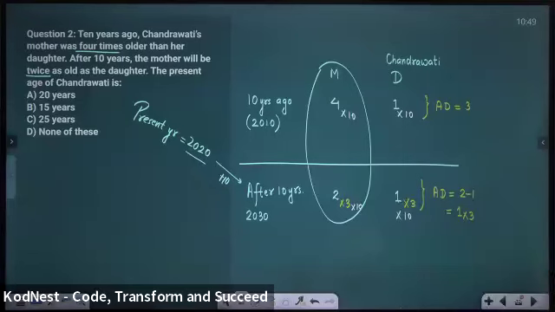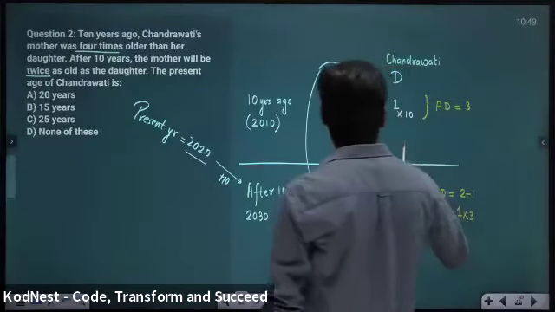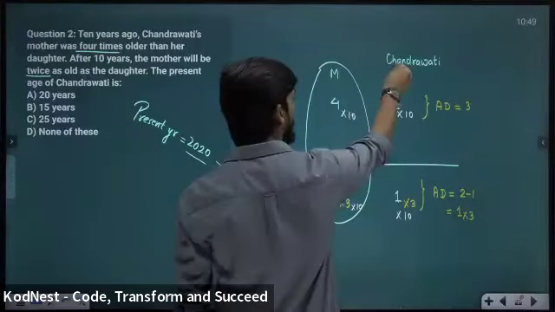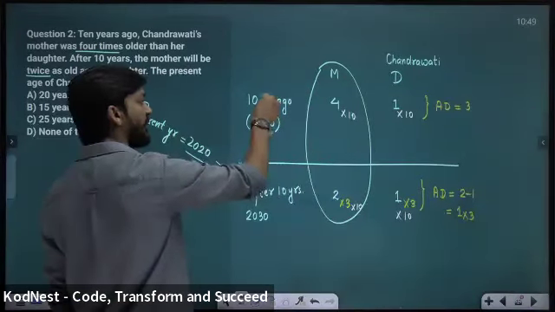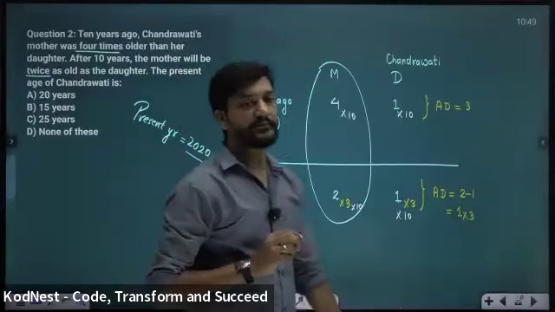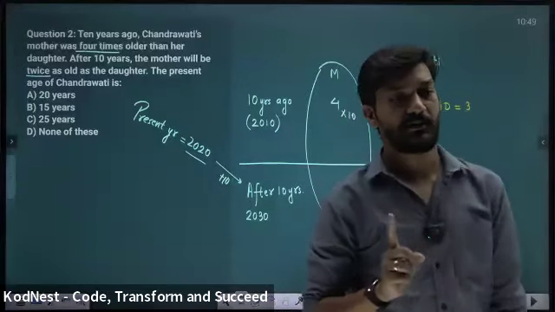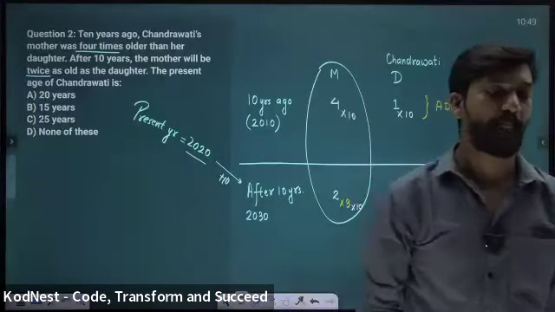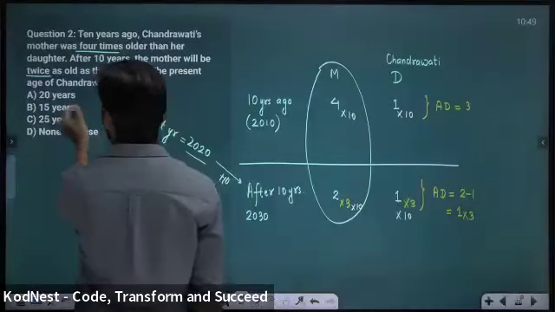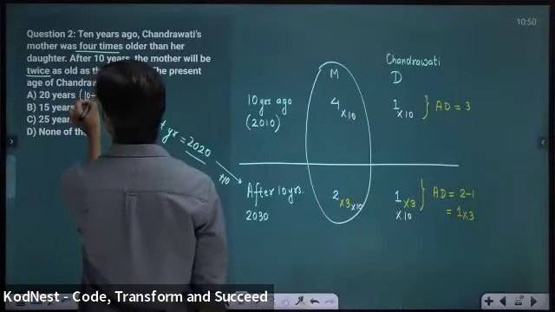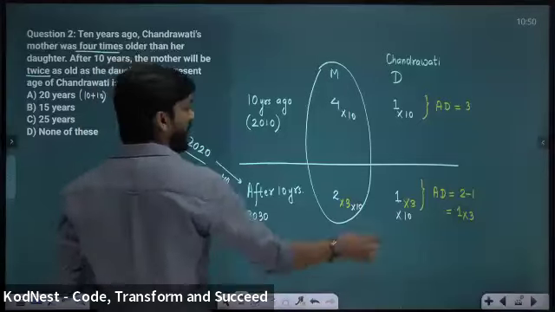20. Okay. Suppose I calculate using this. The daughter's age 10 is in the past, so present will be 10 plus or minus? This is past, so plus. 10 plus 10. All right. Suppose I calculate using this.